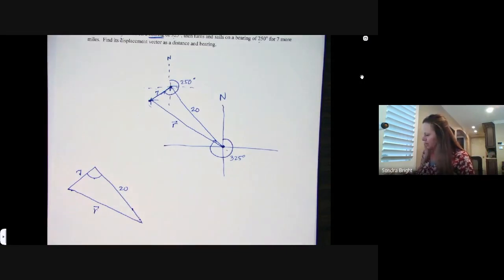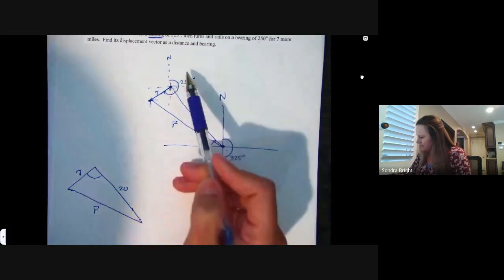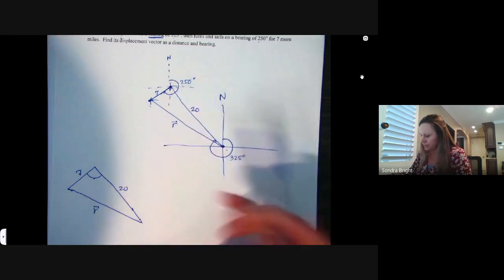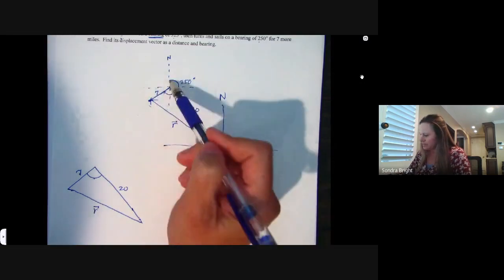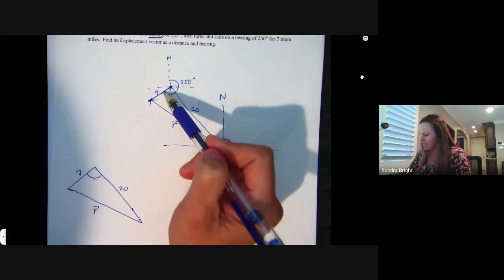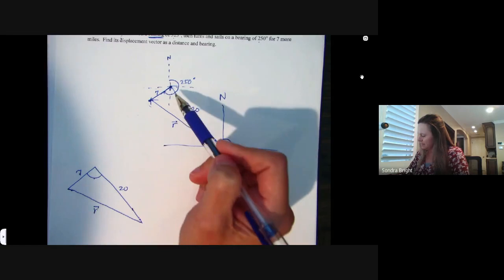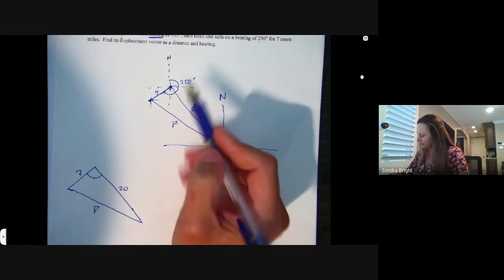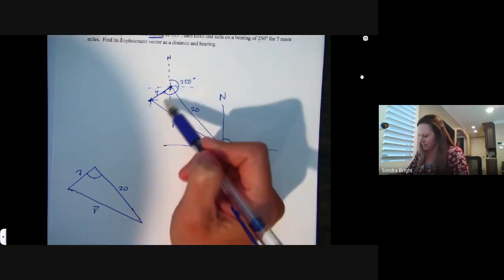Okay, so how are we going to find it? Well, you're going to use this fact here. We know that this is 250 degrees, right? And I know that if you subtract, here's 250, right?